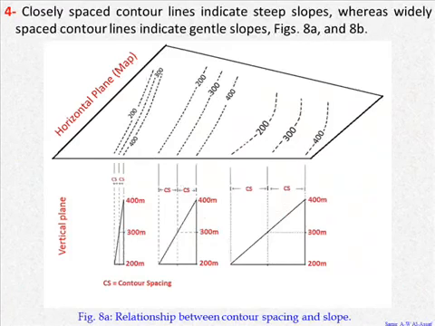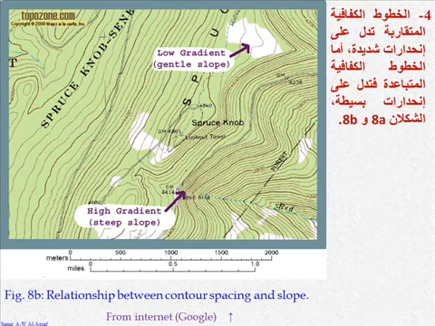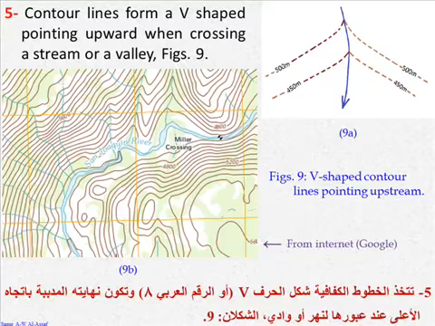4. Closely spaced contour lines indicate steep slopes, whereas widely spaced contour lines indicate gentle slopes. Figures 8a and 8b. 5.